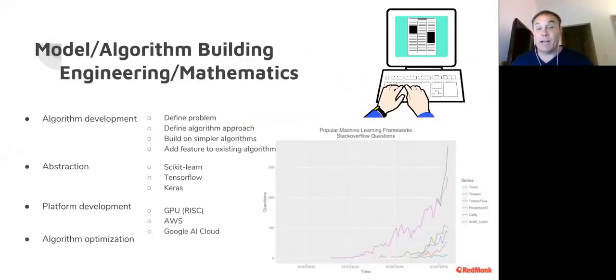Some of the abstractions that are out there: scikit-learn, you have many models and algorithms there for you to use. Many functions, it's all built. TensorFlow is one of the most recent, and it's very exciting. A lot of people love it.